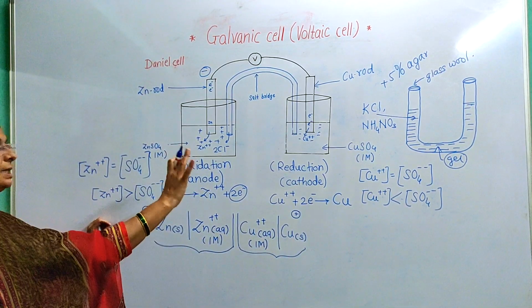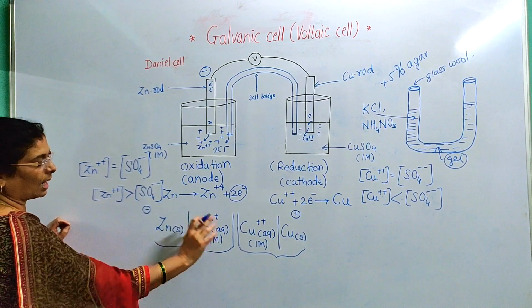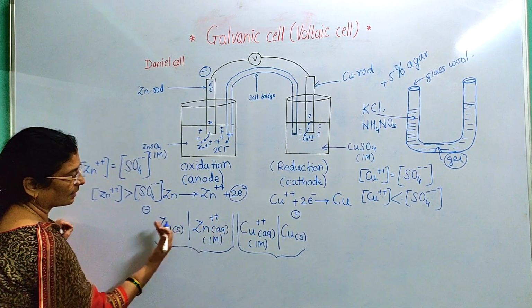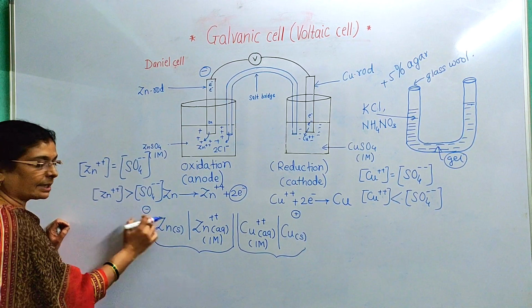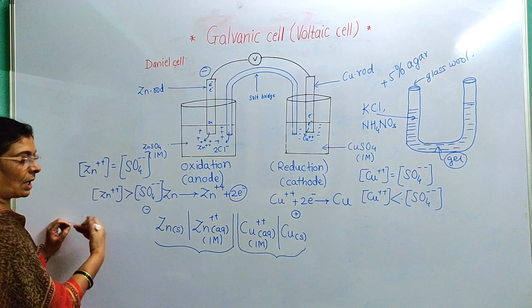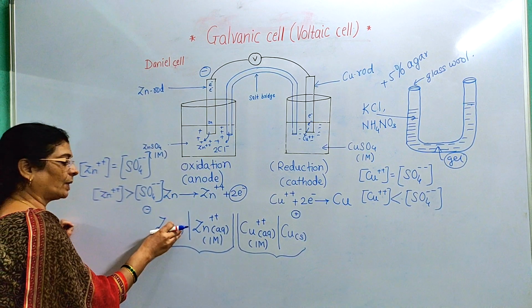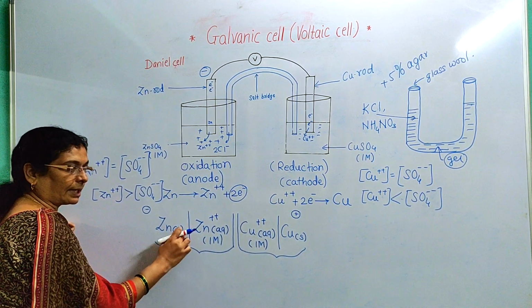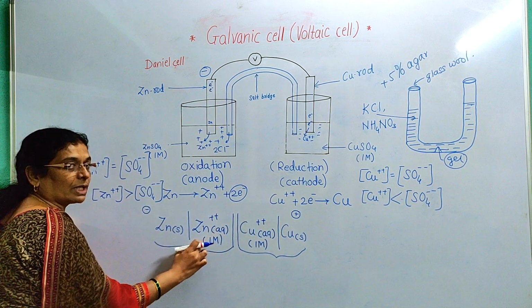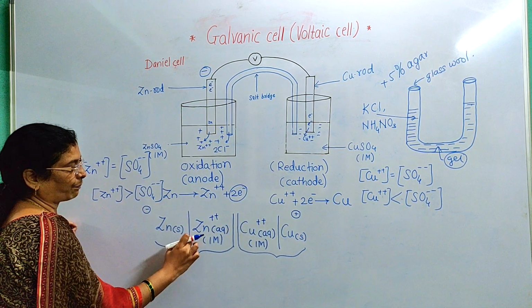That is, in any galvanic cell, there are two half cells, and these two half cells are represented. First, the negatively charged electrode is represented on the left hand side. How? First, we have to write the metal or the solid part. Single vertical line. Aqueous solution we have to represent.